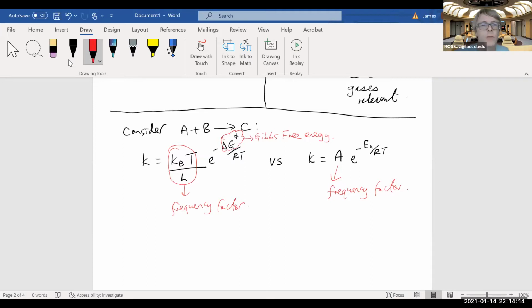And we know from quantum mechanics that frequency, let's call it nu, is proportional to energy.